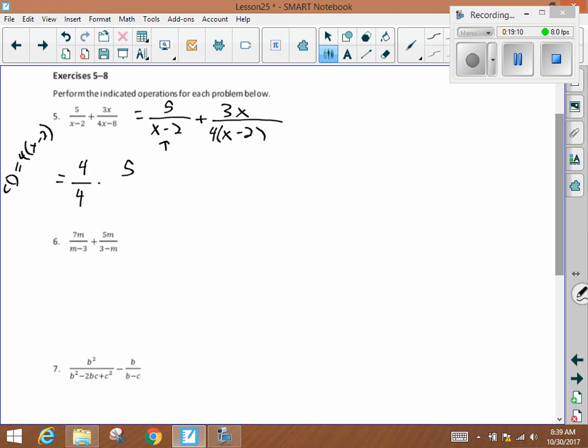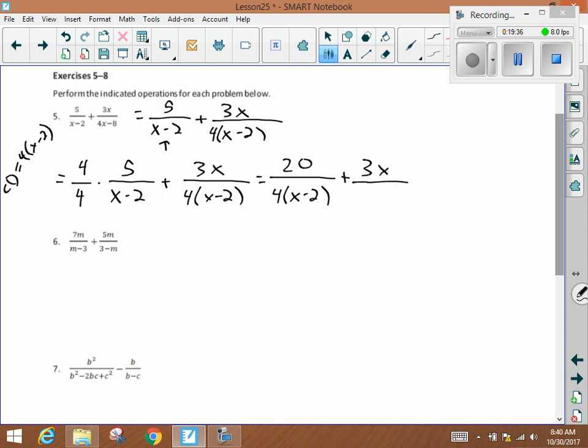So that'll be 4 over 4 times 5 over x minus 2 plus 3x over 4 times x minus 2. So that becomes 20 over 4 times x minus 2 plus 3x over 4 times, wait for it, x minus 2.